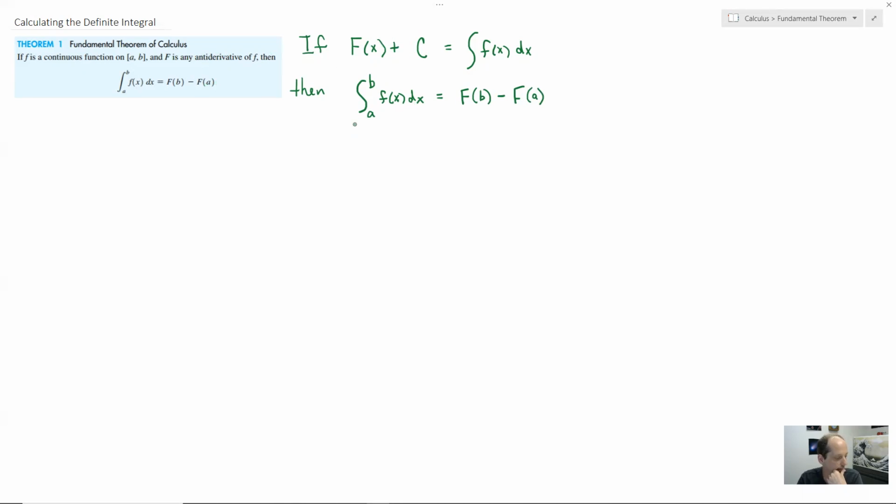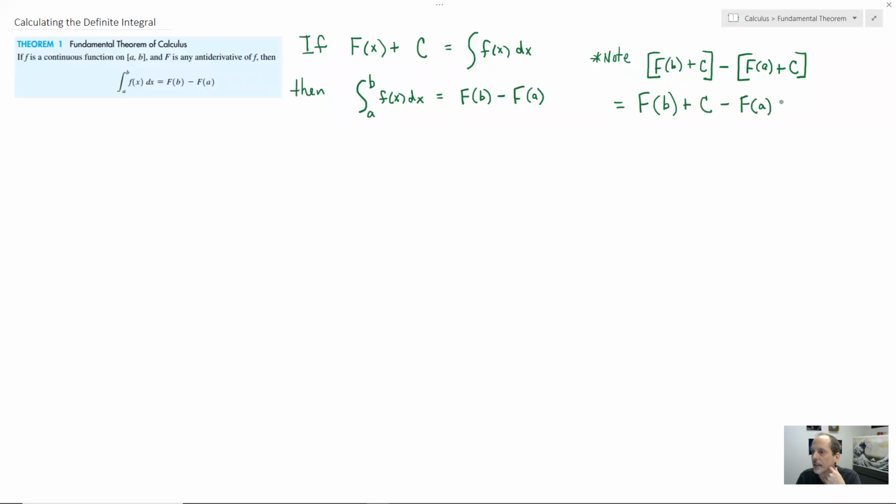And if we plug that constant in there, and I took F of b plus the constant minus F of a plus that constant, well, when I get rid of the brackets, this is why the constant doesn't matter.